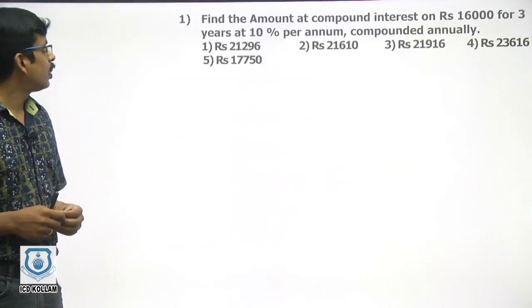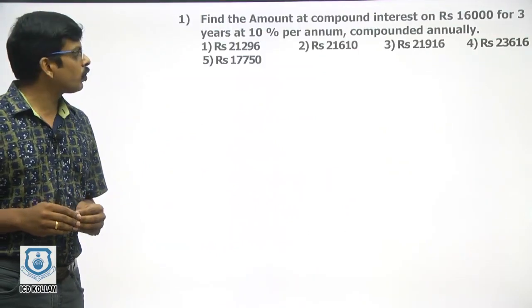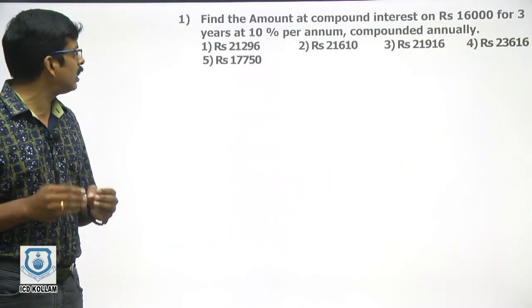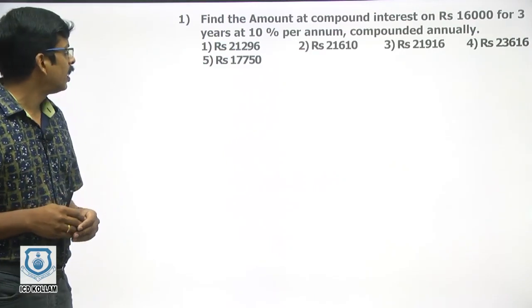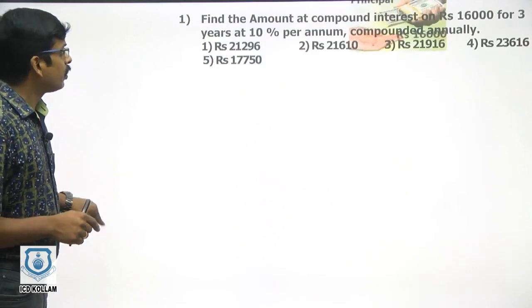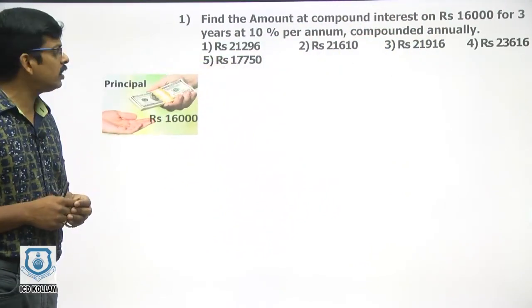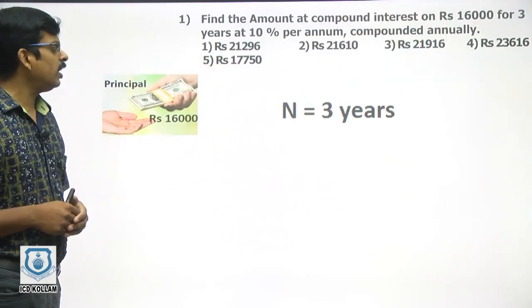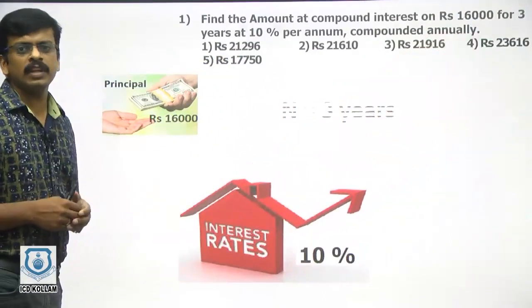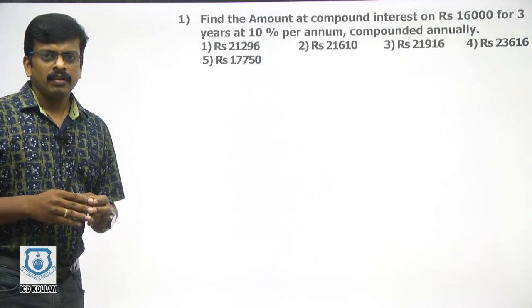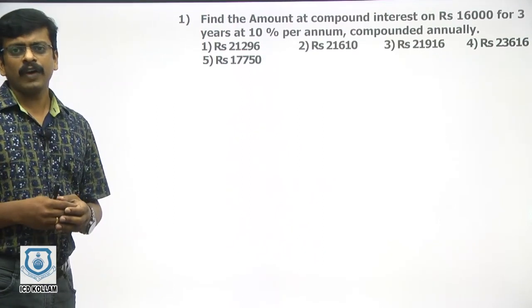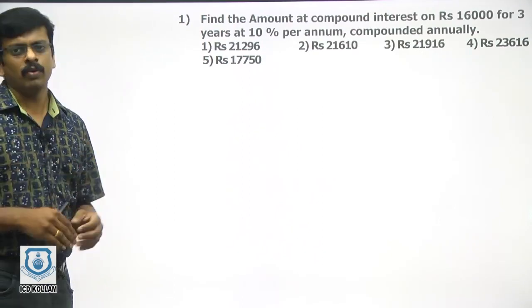Question number 1. Find amount at compound interest on rupees 16,000 for 3 years at 10% per annum compounded annually. Here we know principal is 16,000, number of years is 3 and rate is 10% per annum. And we have an equation for finding compound interest amount.